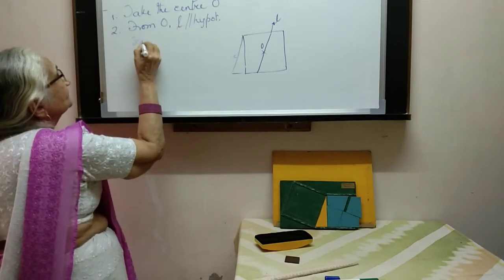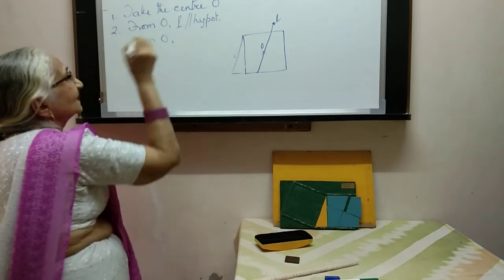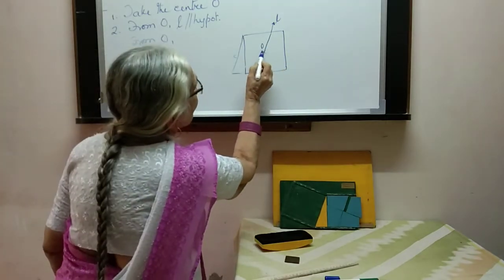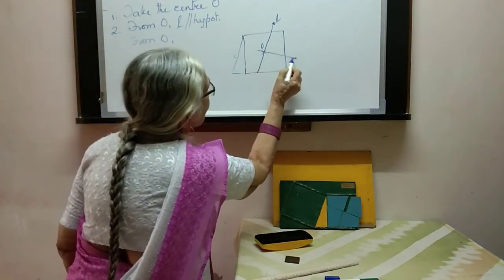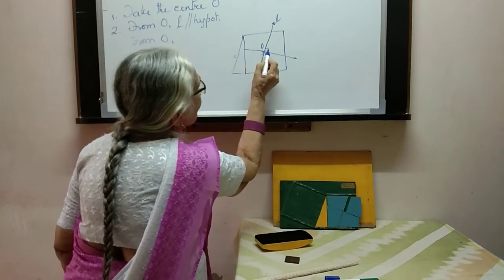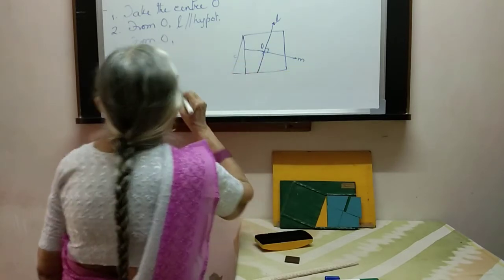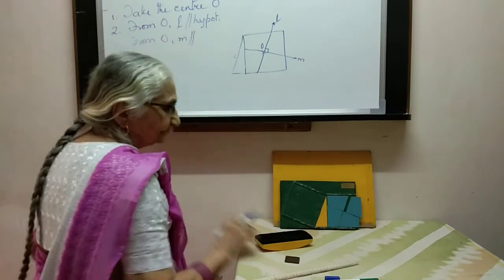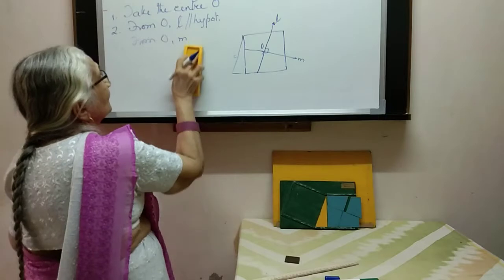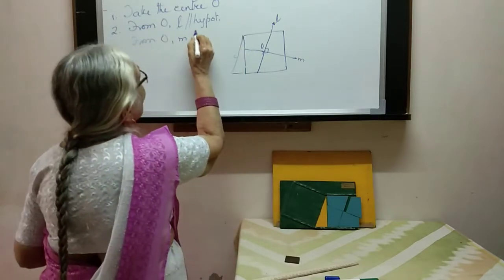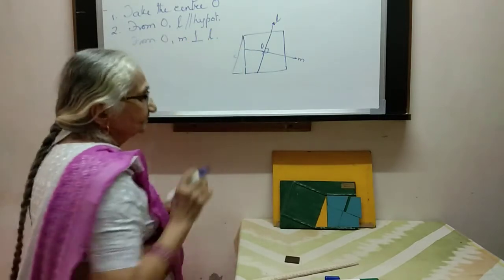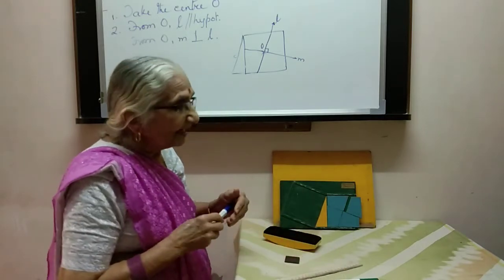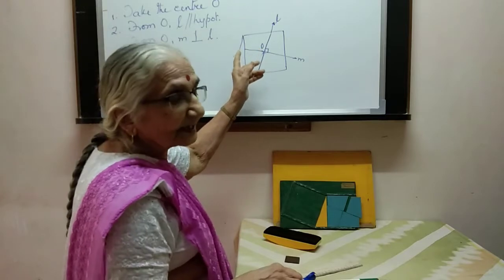We take from O, once again, a line which is perpendicular to L, and call it M. We take M perpendicular to L. Now that we have the two lines, everything is ready and we are ready to cut.